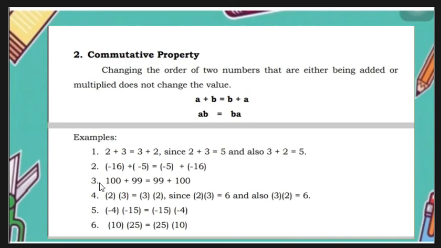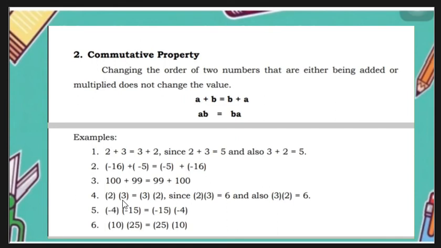Next, example 2. We have negative 16 plus negative 5 is equal to negative 5 plus negative 16. So the two numbers are just reversed, and that is commutative property. Number 3, we have 100 plus 99 is equal to 99 plus 100.